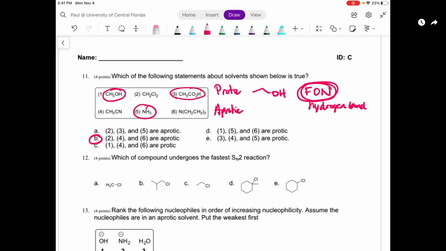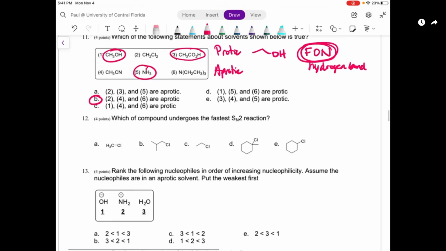Okay, 12. Which of the compounds undergoes the fastest SN2 reaction? Well, we know that a SN2 reaction happens in a concerted fashion, and so it has to come in backside attack. So when it comes in for backside attack, it has to deal with the beta groups or the beta carbons. That's beta, that's alpha.